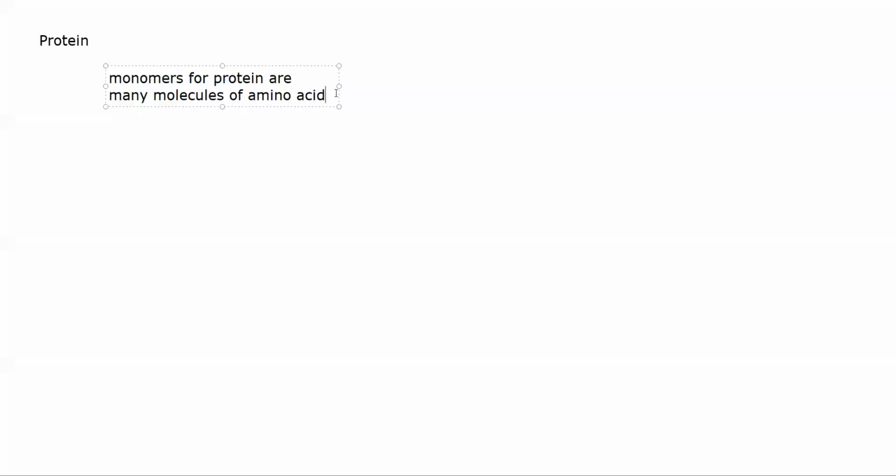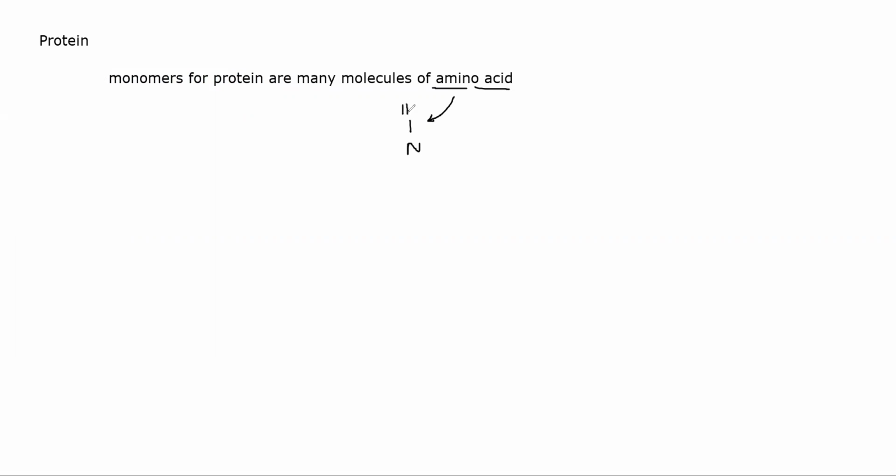So many molecules of amino acid are the monomers. What is amino acid? You can understand from the name. Actually, it's a combination of two groups, amine and acid. Amine means NH2 and acid means the carboxylic acid, which is C double bonded with O and OH.